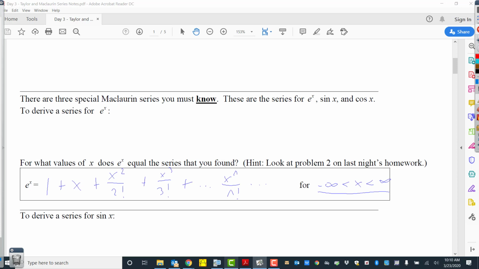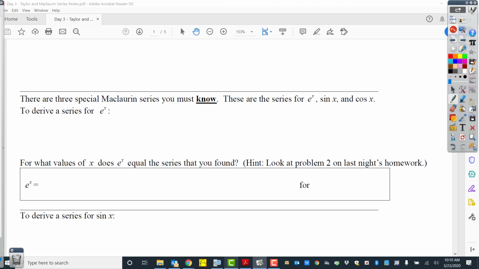So as long as you use this series, it's a perfect approximation. Now, it's only perfect if we use that series to infinity. So that leaves some problems that we might have in the future. Okay? But it is a perfect approximation for all those terms. Okay? Let's look at the next one.